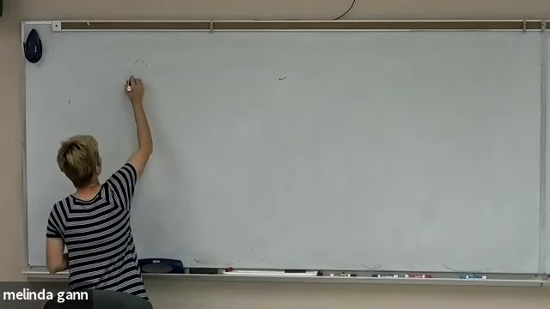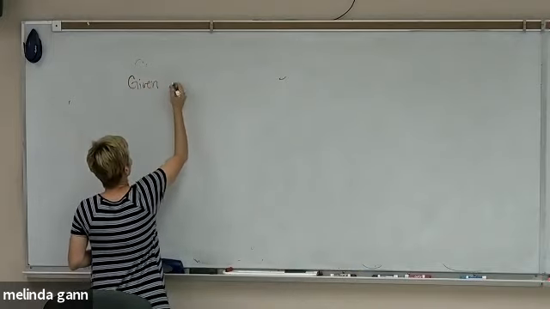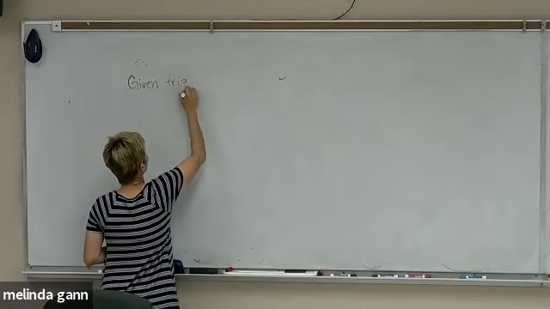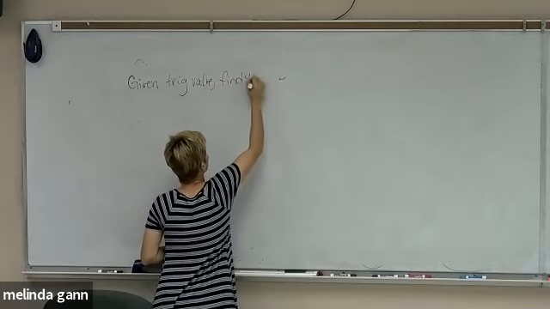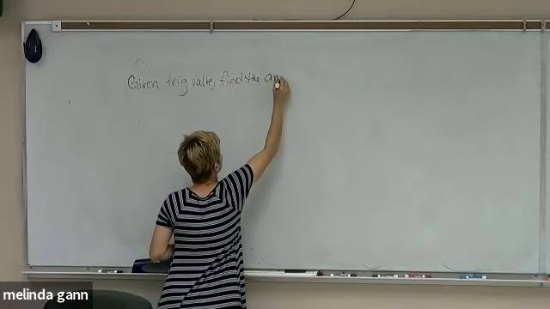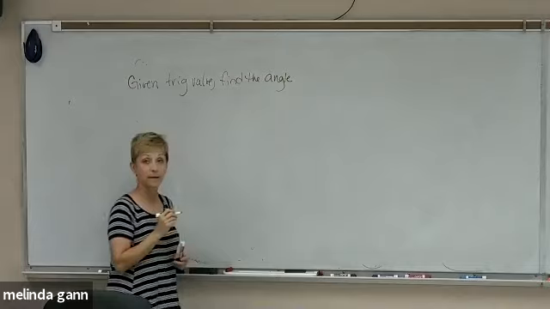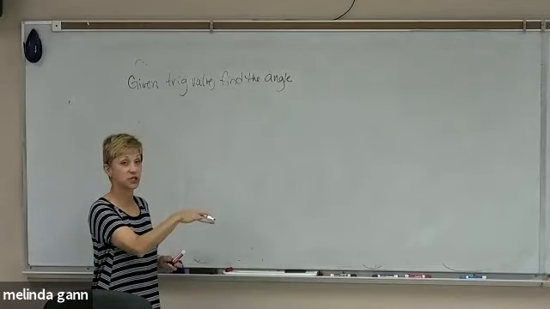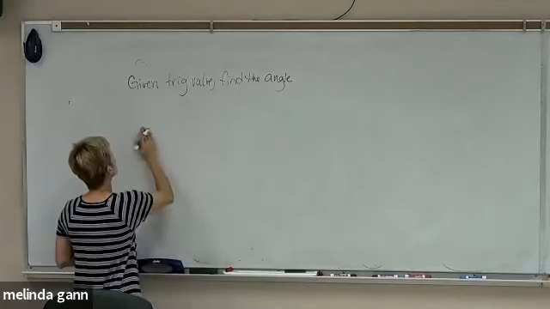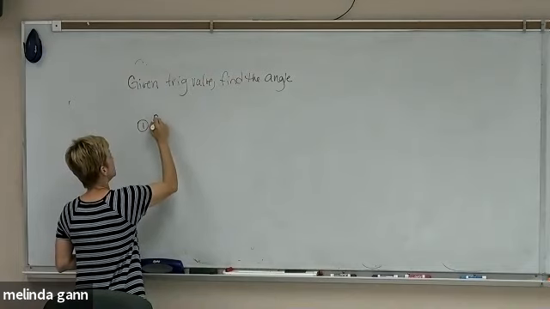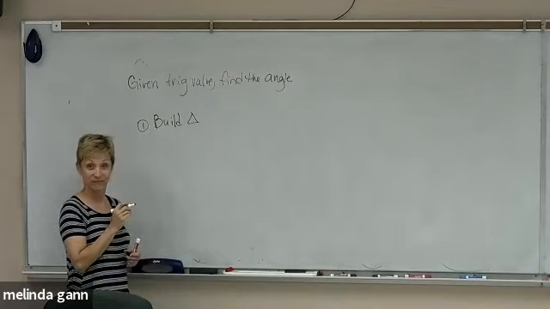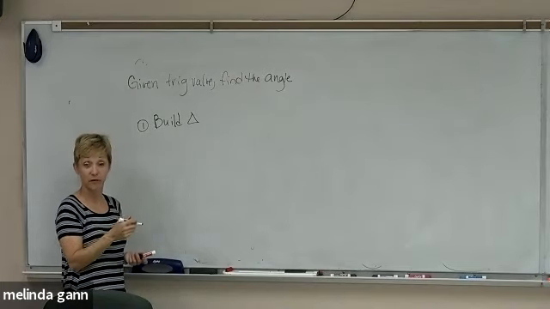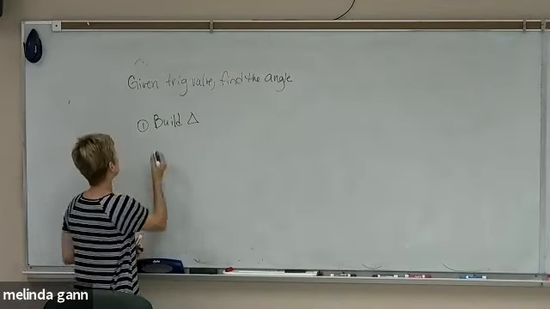So you're given the trig value, and you're told to find the angle. Now we're going to do quadrant 1, and then we're going to get out of quadrant 1. Your first step is you build the triangle, and you'll see what I mean by that in a second. You're going to build the triangle first that makes that trig.